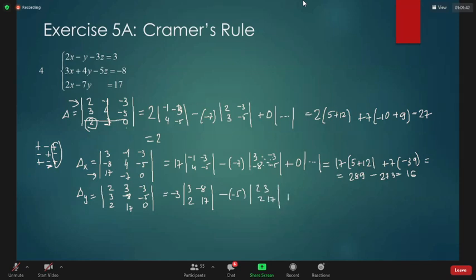And finally, plus 0 times, again, I don't even write this 2, 3, 3, minus 8 because it will not make any difference. So we have minus 3 times 51 plus 16, plus because I'm subtracting a negative number, plus 5 times 34 minus 6, that's 28.